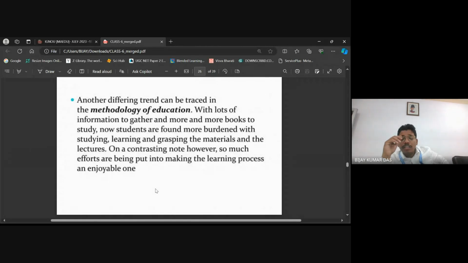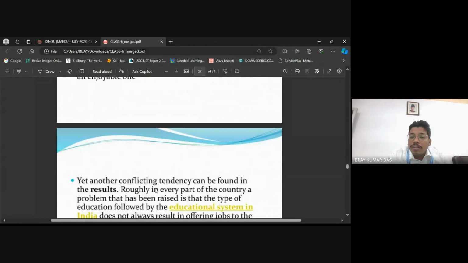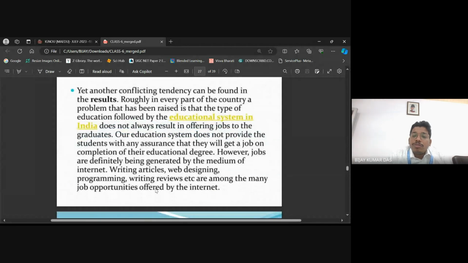They can download many in a fraction of a minute, right? On a contrasting note, however, so much effort is being put into making the learning process very interesting and enjoyable, and you know how students nowadays are paying so much interest in this.